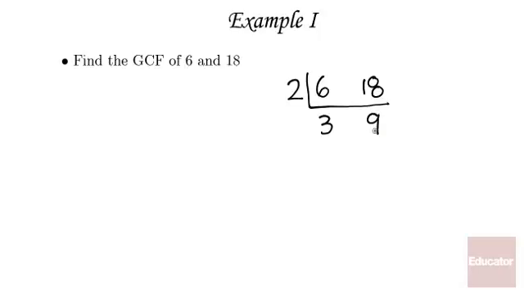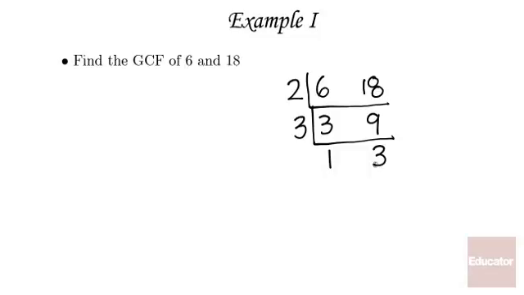3 and 9, they do have a common factor. So I'm going to draw another one of these, and their common factor is 3. So if I do 3 divided by this number 3, then I get a 1. And I do 9 divided by 3, and I get a 3.